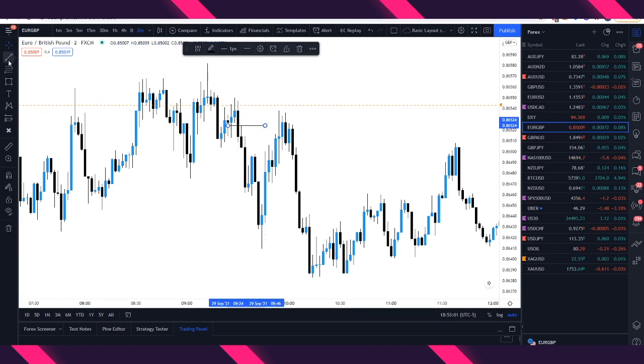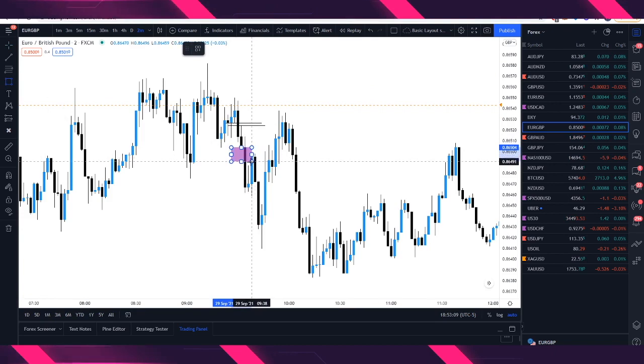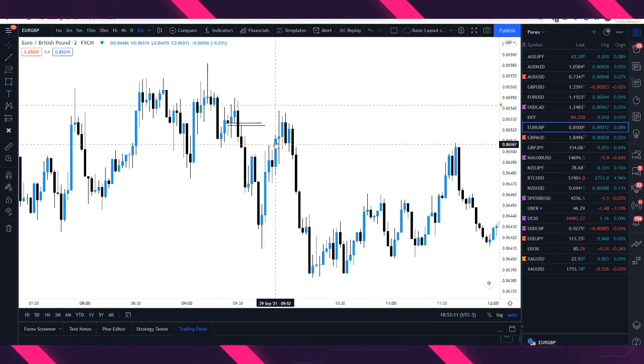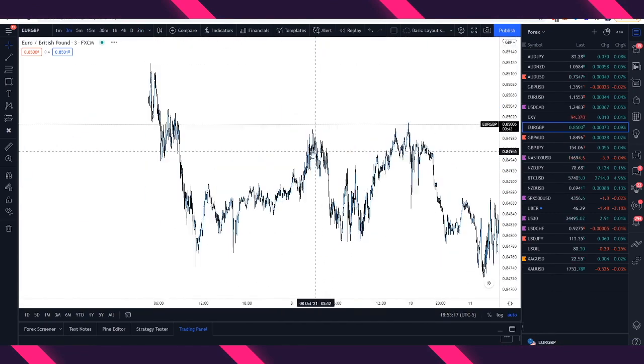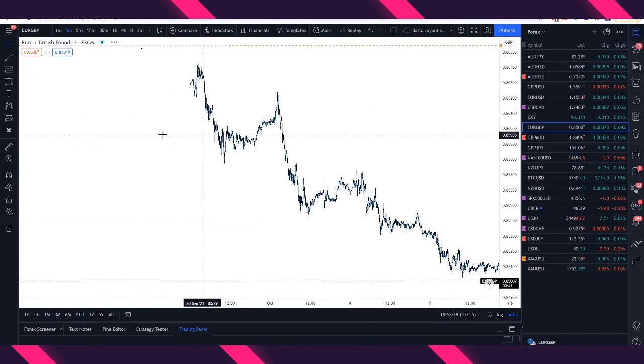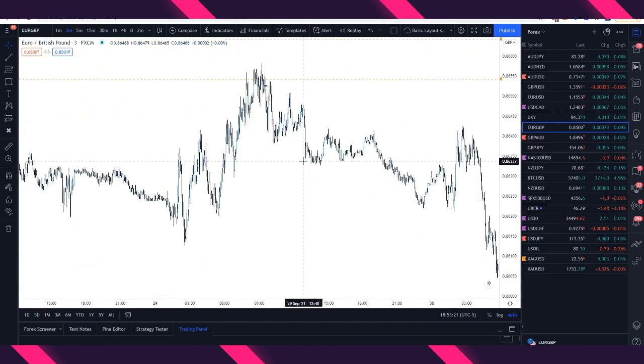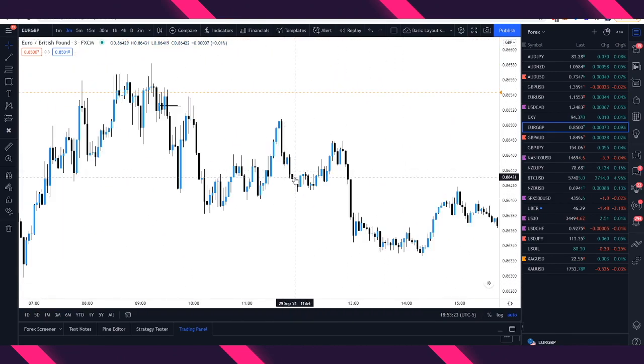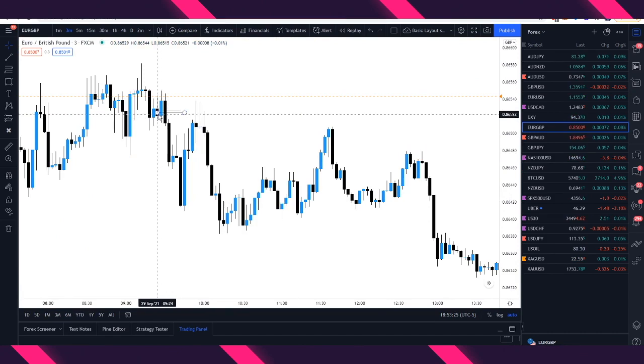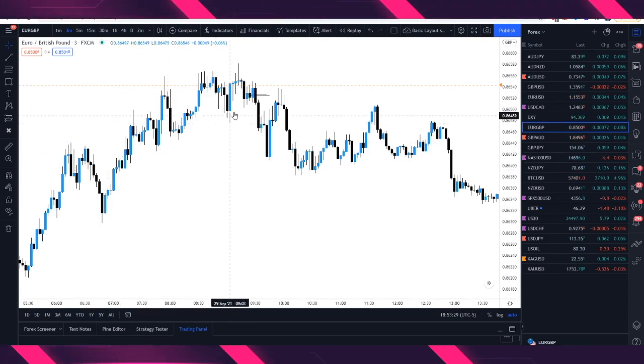Here's your imbalance, the same way that you have imbalances in here that get filled back in. So there's the imbalance inside that 3-minute candle. This is the 3-minute candle that price pushed up into and then fell, shifting momentum.